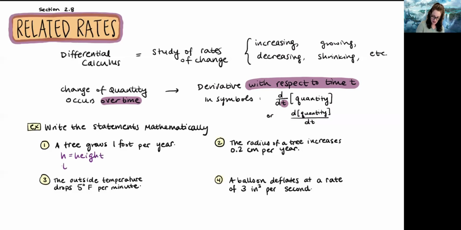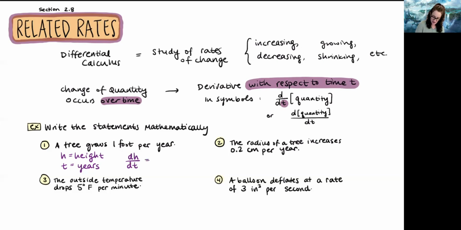And then we have time, which we'll call little t, and that's in years. We don't actually know the height at any time. We're not even focusing on what the height is. We just know the growth. So this is the change in the height over time. We would say dh/dt, meaning the change in the height with respect to time.